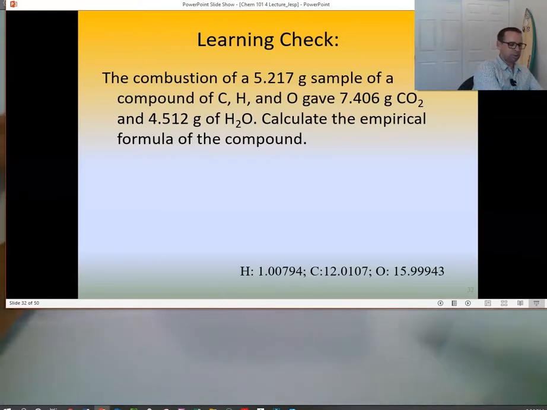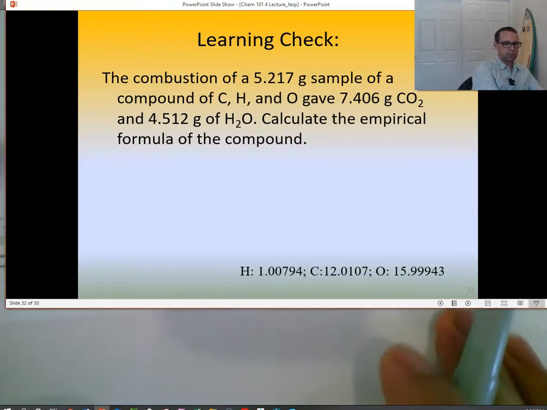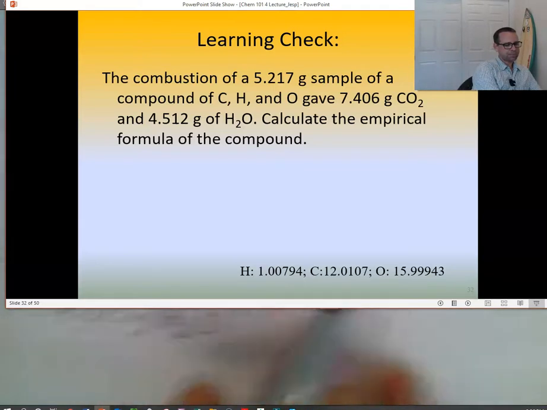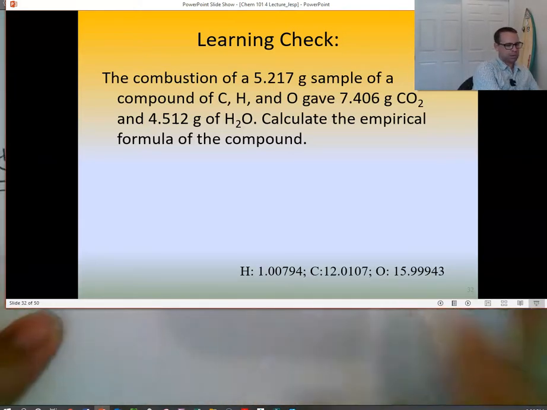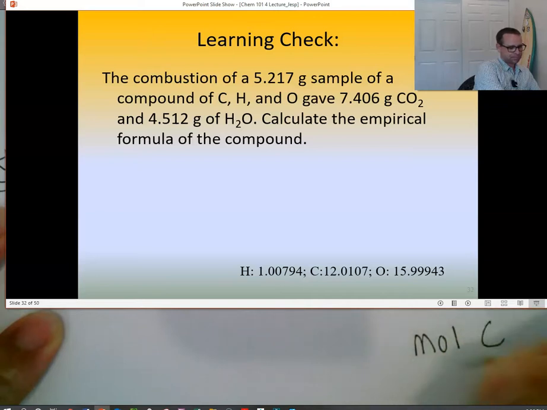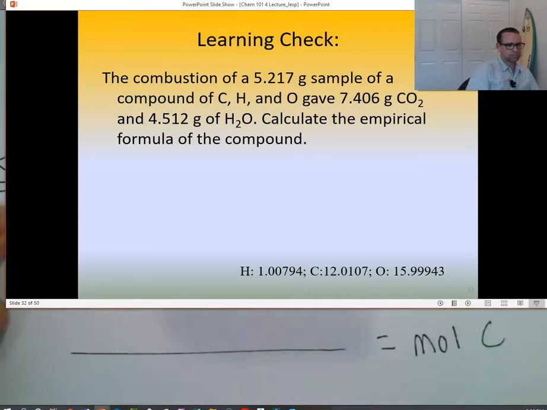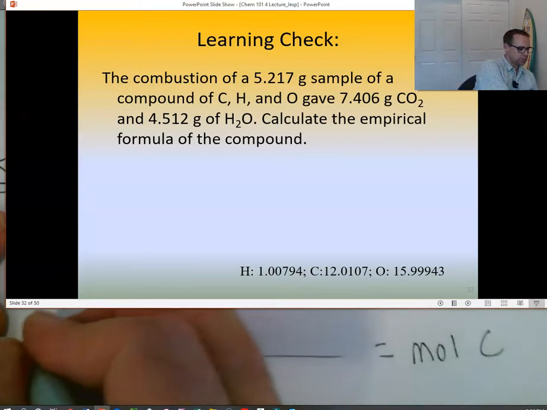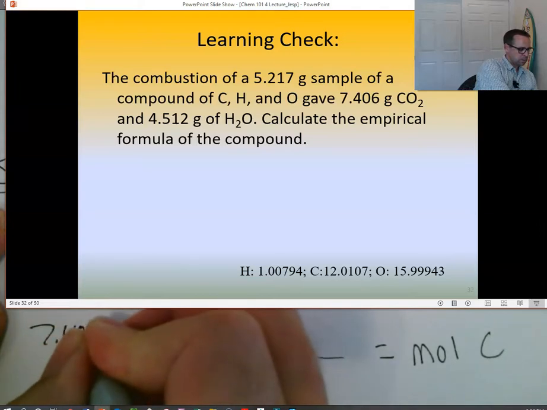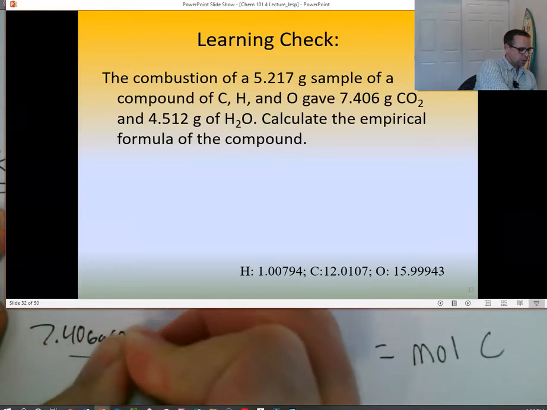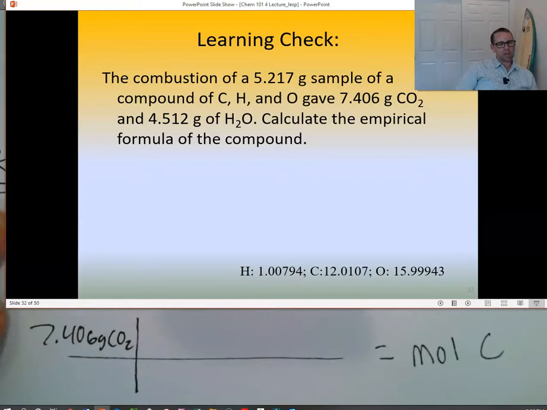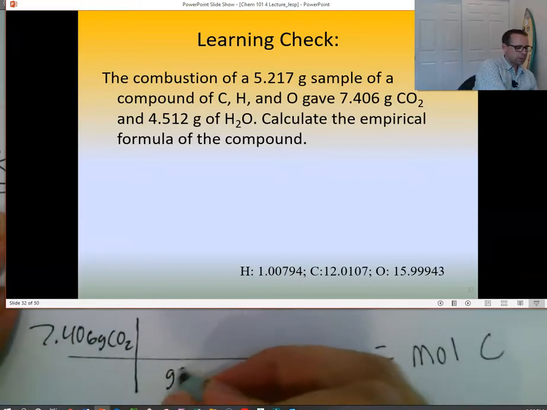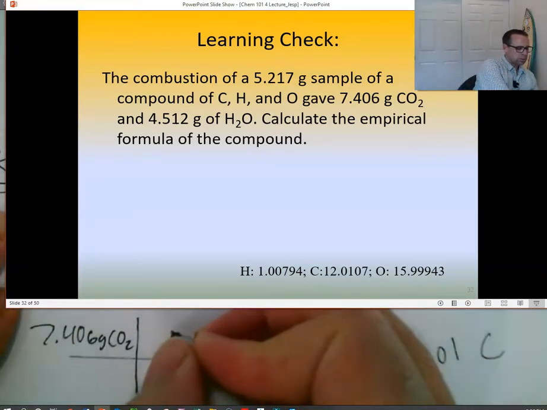Now I want the empirical formula again. So to the right of my equal sign here is going to be moles of carbon, by starting with my grams of carbon dioxide, 7.406 grams of carbon dioxide. Now I'm going to go from grams of carbon dioxide to, what do you think?